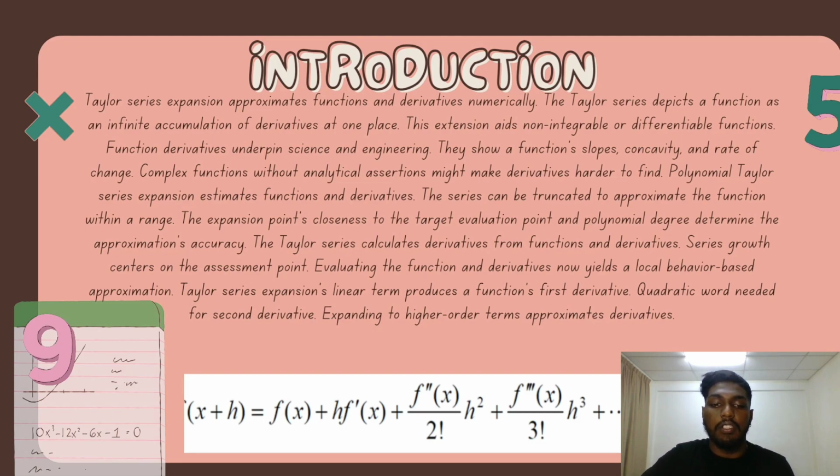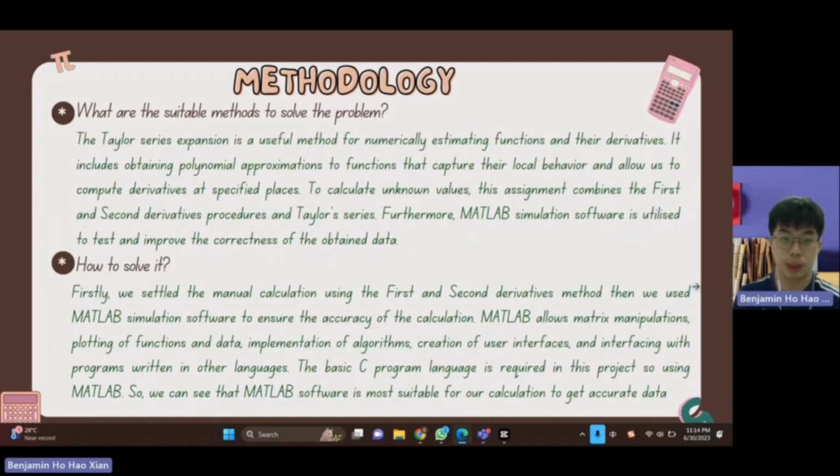Below is the formula that is given. For the methodology part, the suitable method that we use is the Taylor series. We are using the Taylor series for numerical estimation of functions and their derivatives. It also obtains a polynomial approximation to a function that captures its local behavior and allows us to compute derivatives at a specified place.